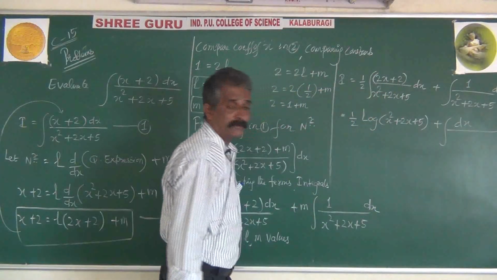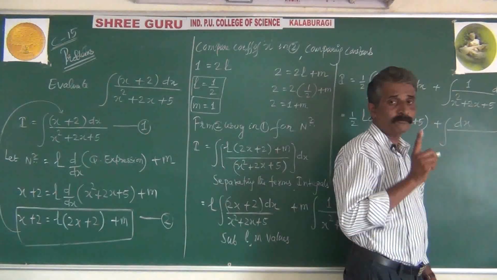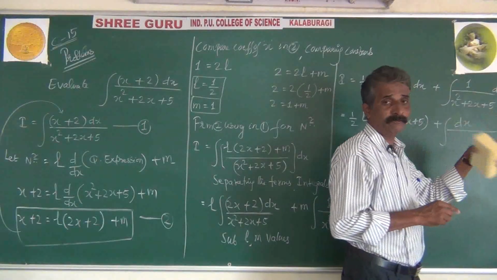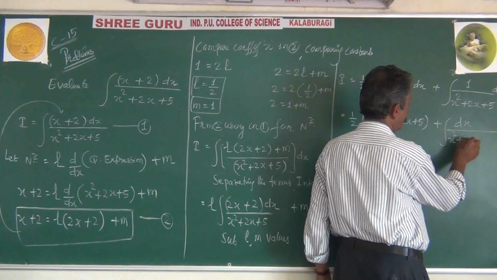We have x square, we have 2x, we need to get 1, so 5 is written as 1 plus 4: x square plus 2x plus 1 plus 4.